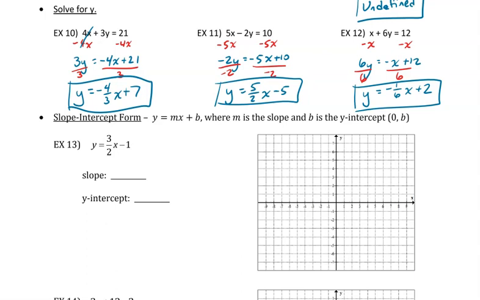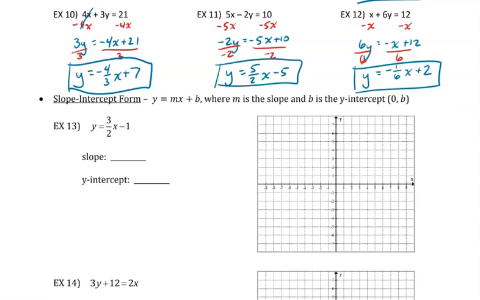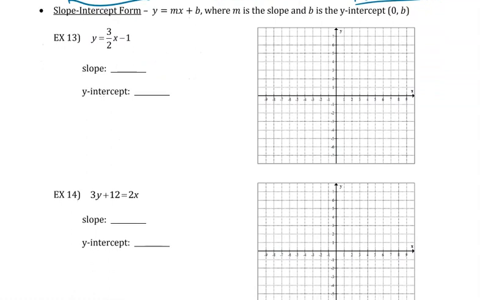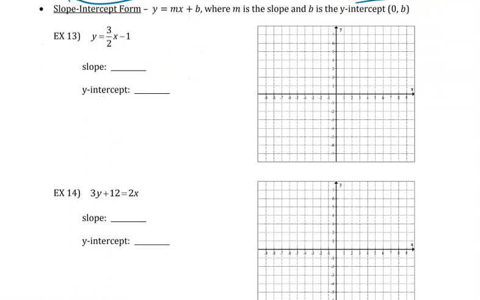All right, with all that said, here's how we are actually going to use slope to start graphing lines. Slope-intercept form is y = mx + b. The reason it's called slope-intercept form is because it gives you two very important pieces of information.